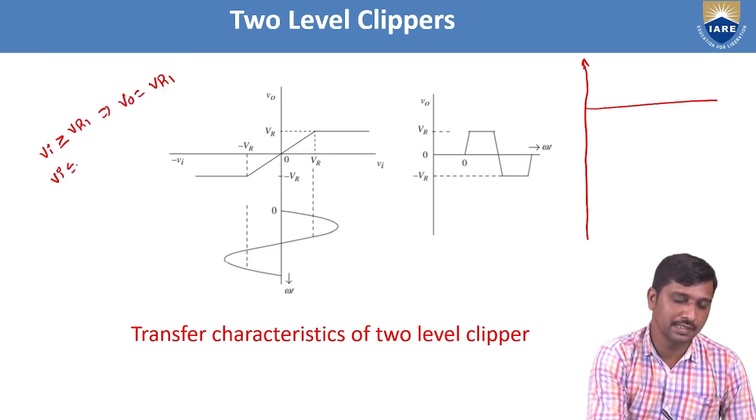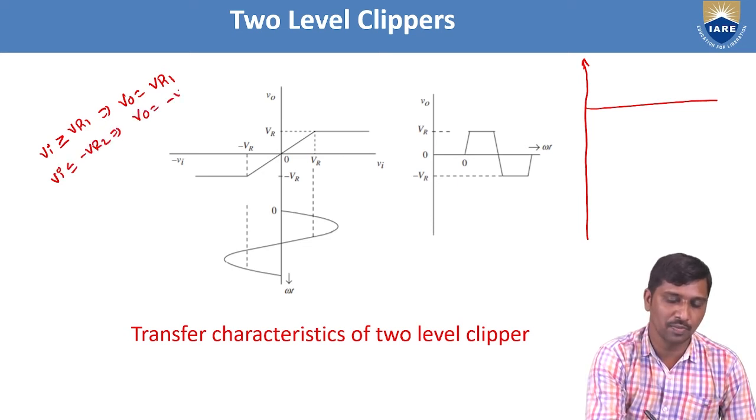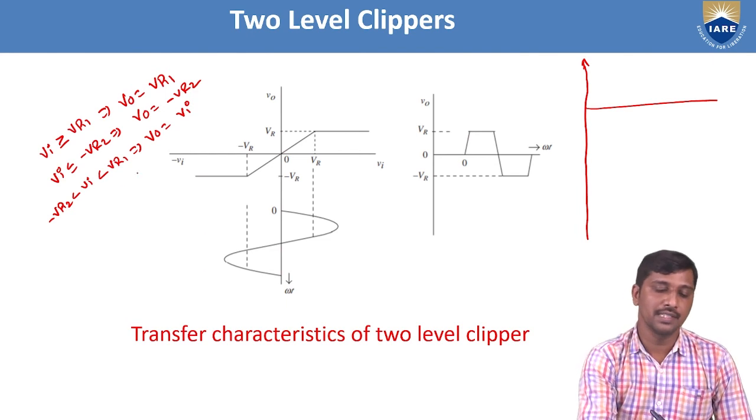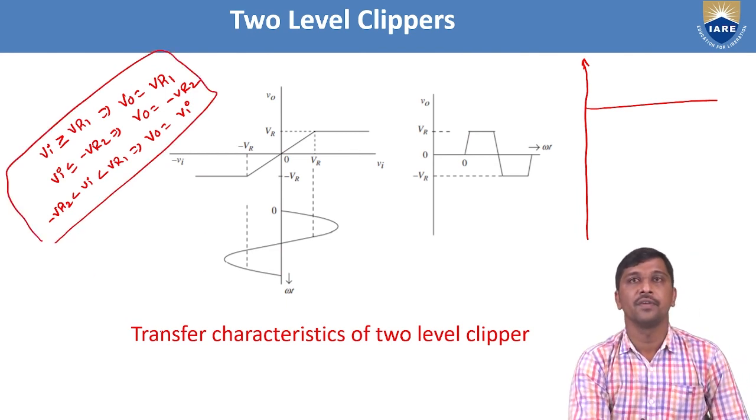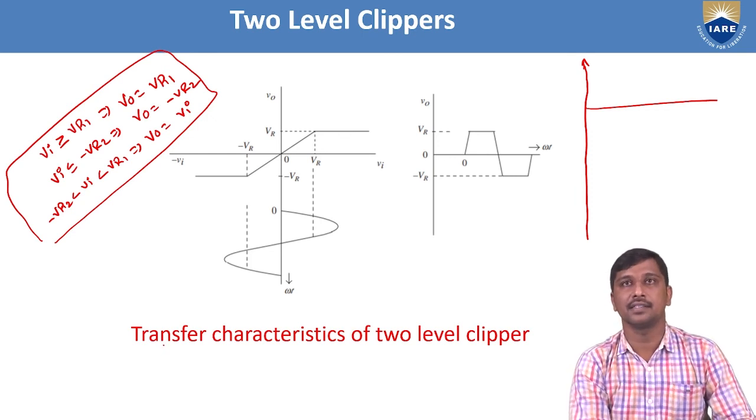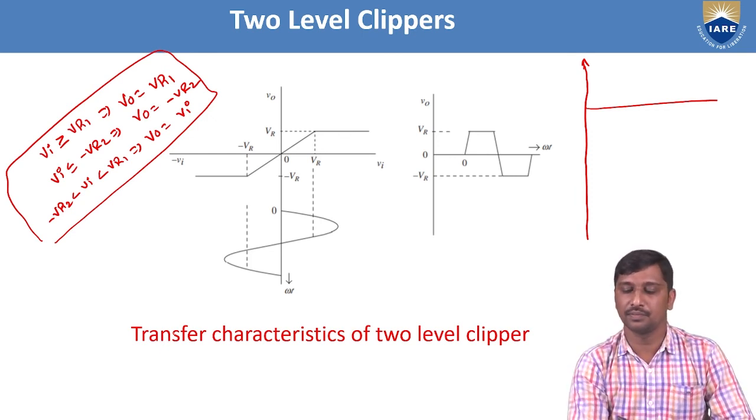If Vi is less than or equal to minus VR2, V naught is equal to minus VR2. And if the input voltage lies between minus VR2 and VR1, the output voltage is Vi. These three parameters we need to show in a response. From that, we can say that it acts as a two-level clipper.